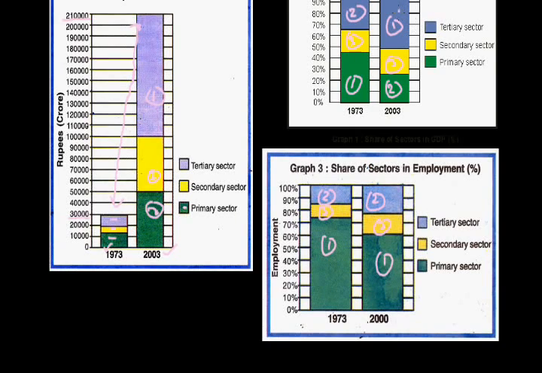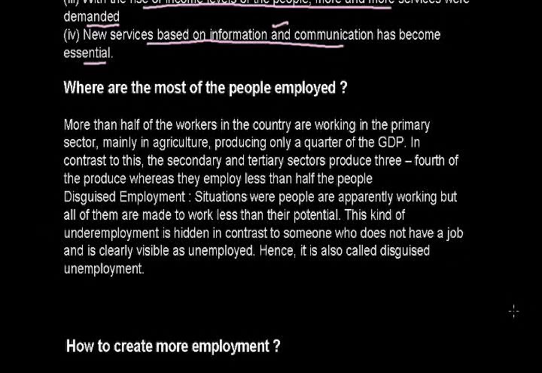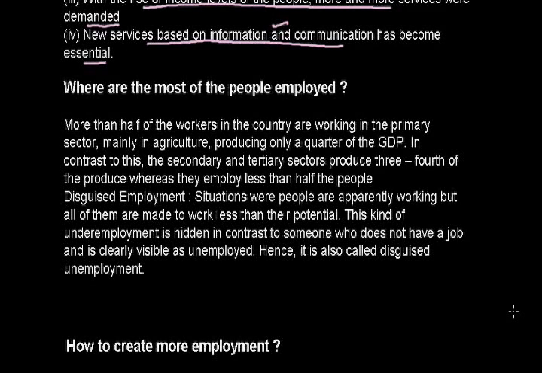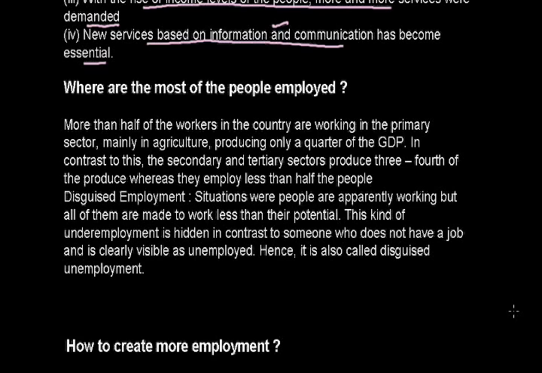Here you have seen the maximum contribution in 2003 was made by the tertiary sector. Let us come back to this thing. But if you remember, the maximum contribution in the employment is made by the primary sector. So a simple question will arise in your mind, that when most of the people are engaged in primary sector, why it is not contributing the maximum in the GDP?